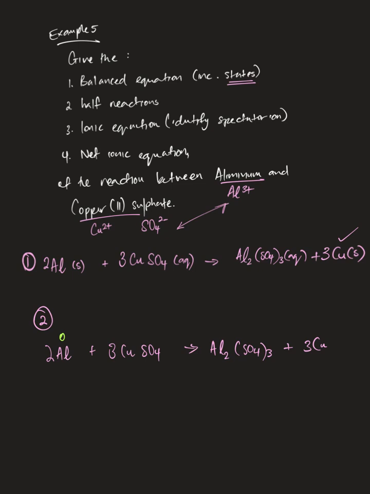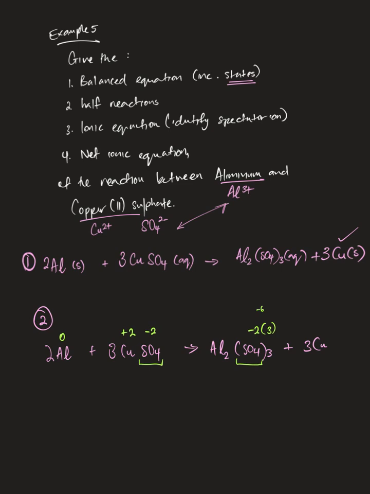First of all, with the SO4, can you see that the SO4 stays as SO4 on both sides? With the SO4, I know that the charge is -2, and there's only 1 of them, which means the copper has to be +2. That kind of worked out. With the aluminium on the other side, I first need to work out the SO4 because it's got the oxygen, so that needs to be sorted out first. I've got SO4, which is -2, and I've got 3 of them, which makes this value -6.